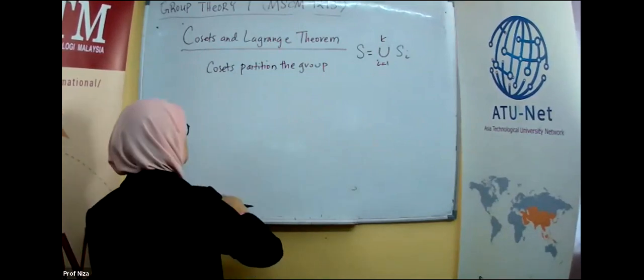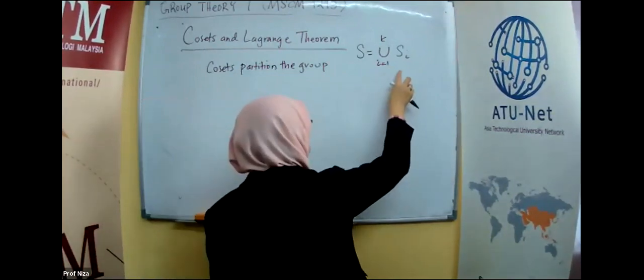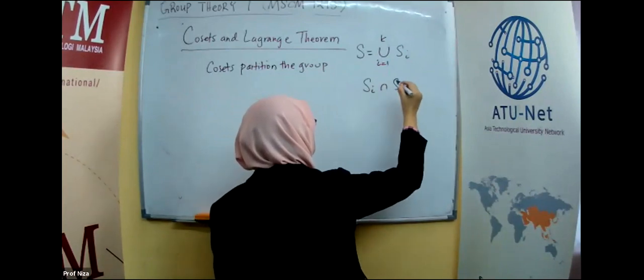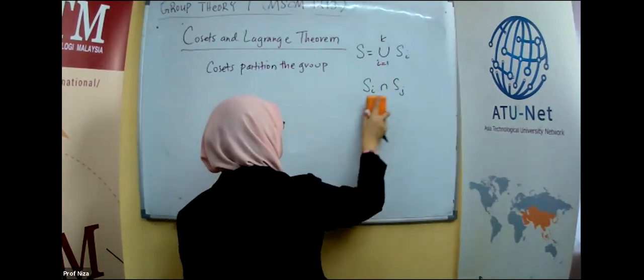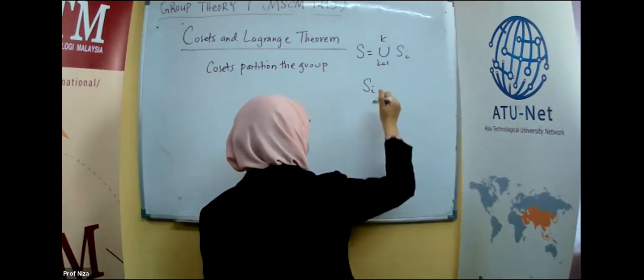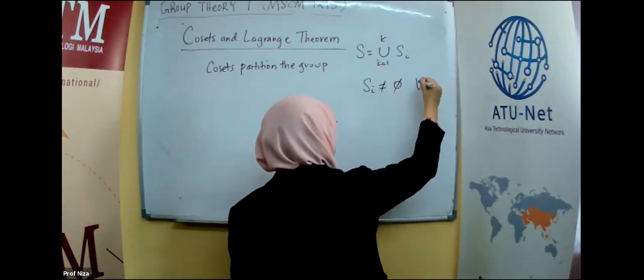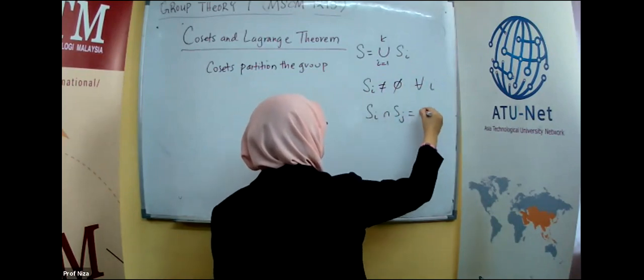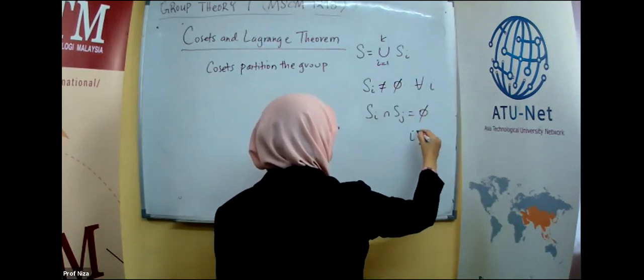Partition means it's a union, and the Si are not empty, and the intersection is empty.